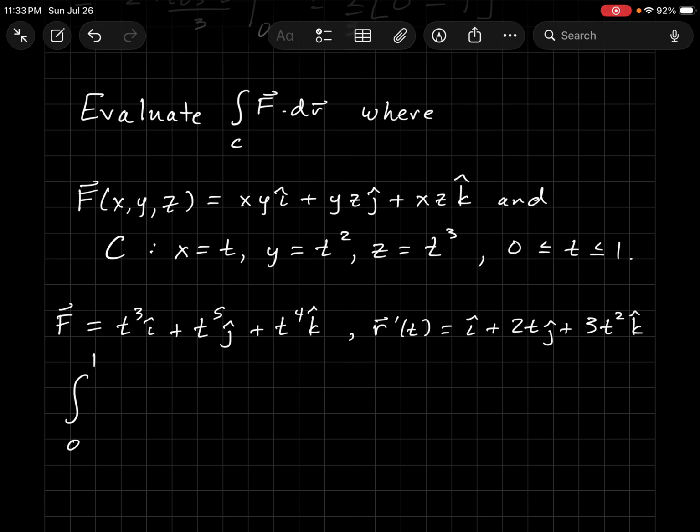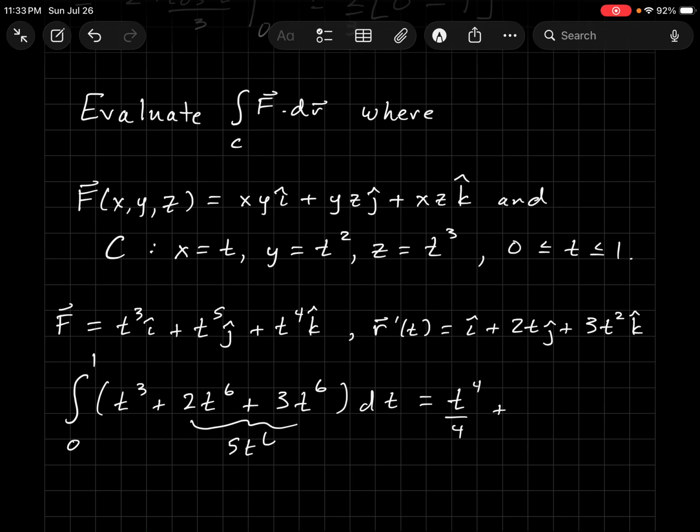So we'll have t cubed plus 2t to the 6th plus 3t to the 6th dt, which is going to equal t to the 4th over 4 plus, and notice here we have 5t to the 6th.